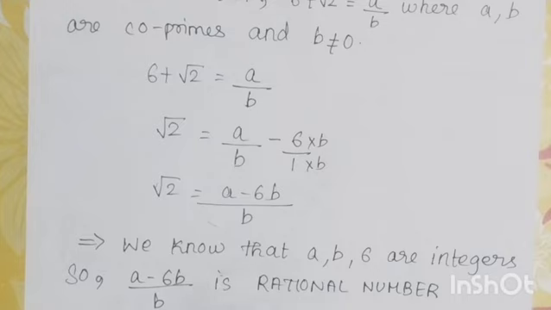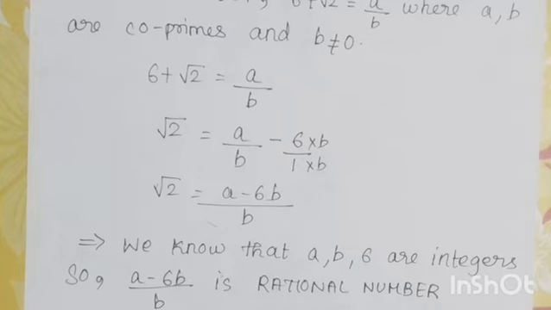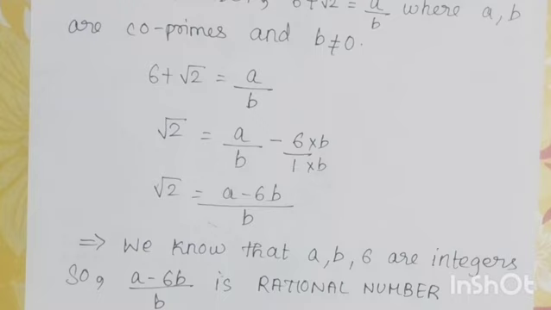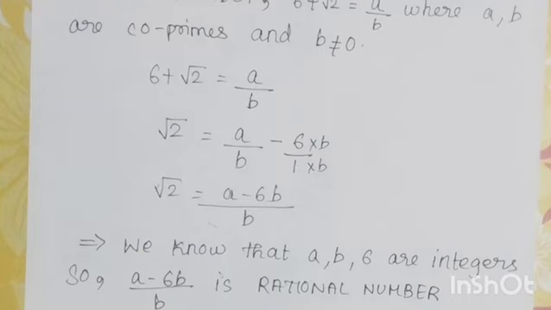If the RHS of the equation becomes a rational number, obviously our LHS will also become rational. So root 2 is also a rational number. But we know that root 2 is an irrational number, right?